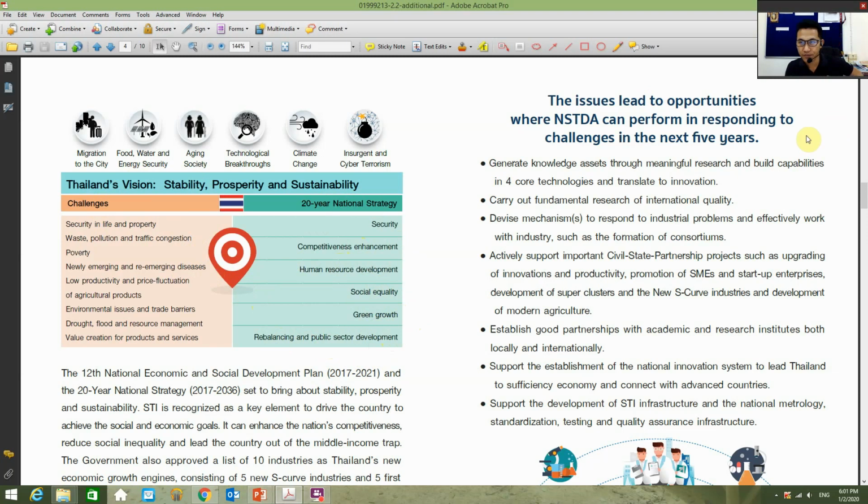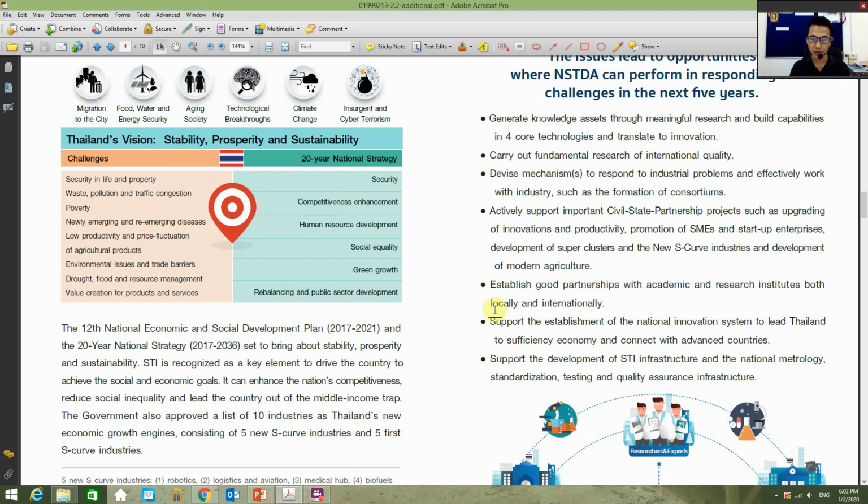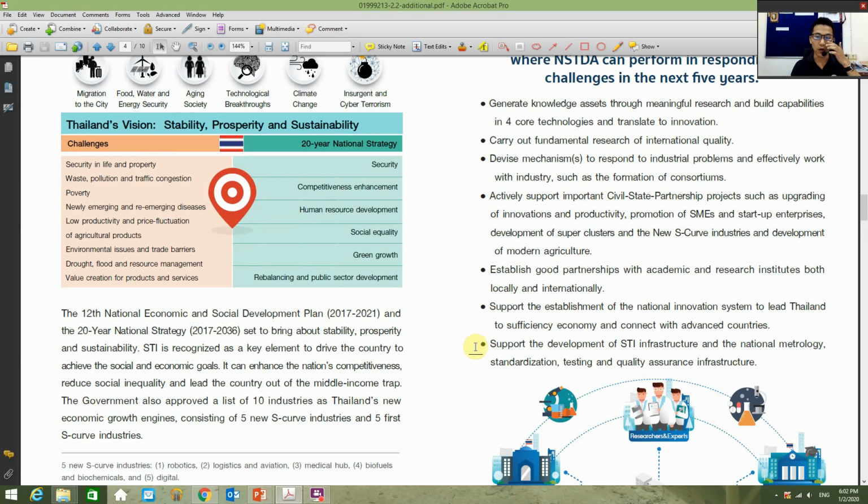All right, and this is some of the issues that I'd like you guys to focus on more here. We can talk about this in the class as well, because maybe we can make a discussion group and then talk about our vision and everything needed to achieve the goal of the whole country.